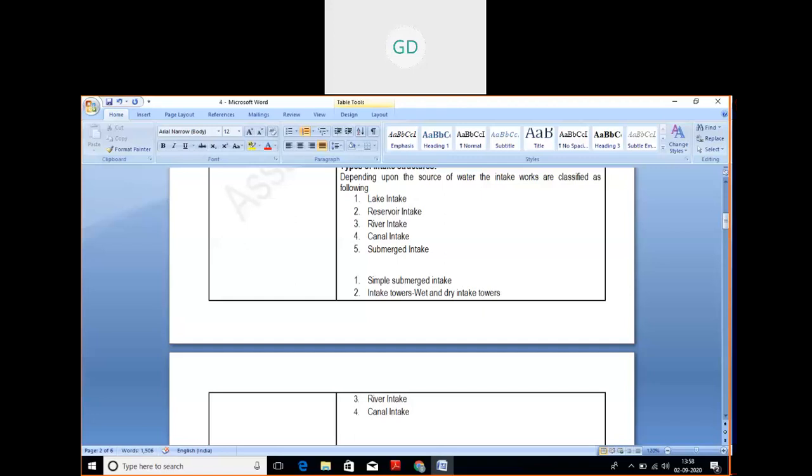Then the last one, intakes for sluiceways of dams. Okay, these five types of intake, you remember these five types.